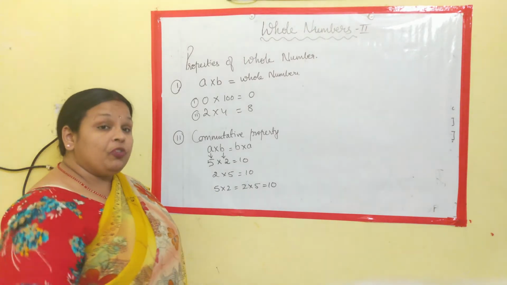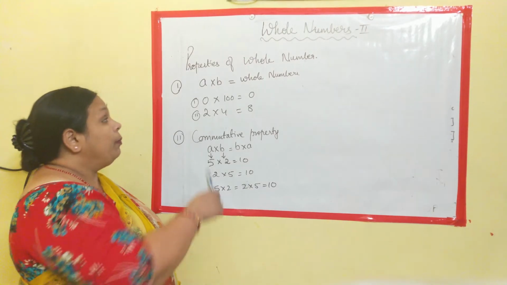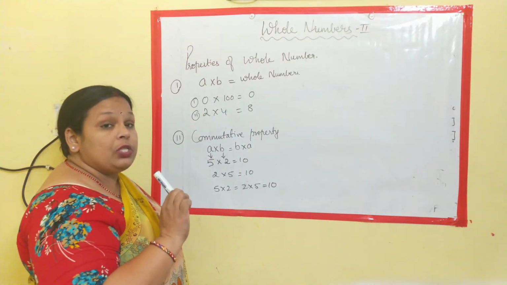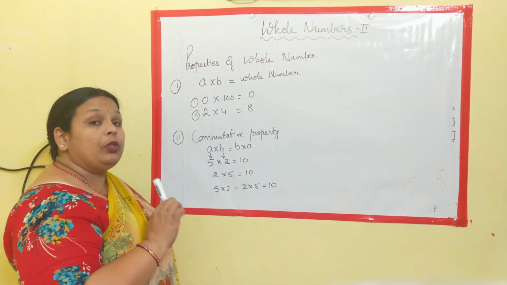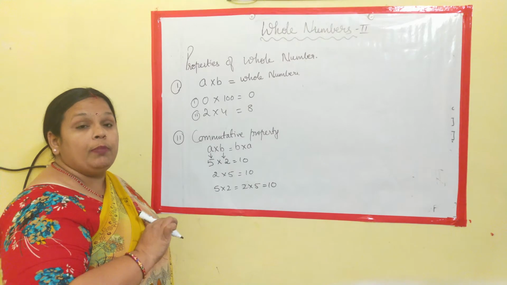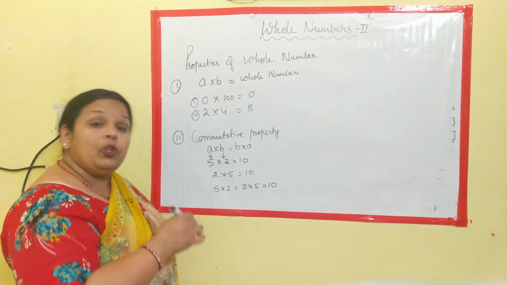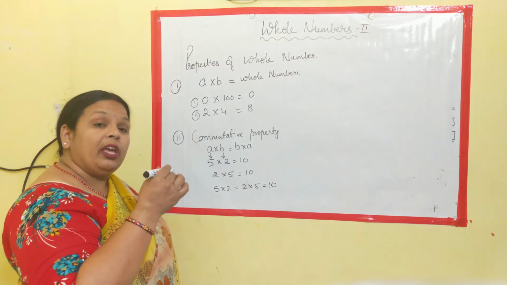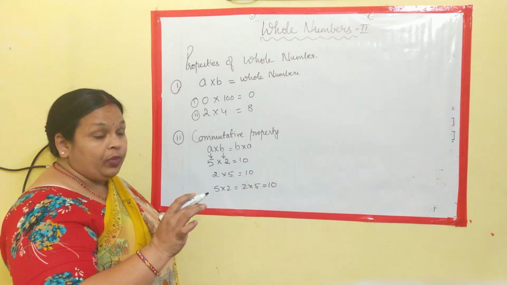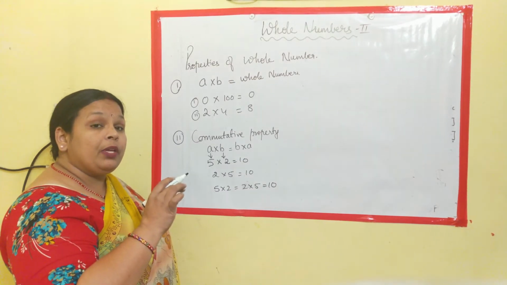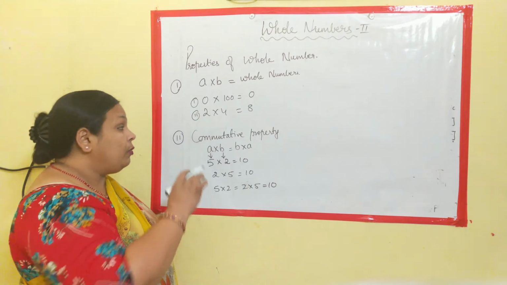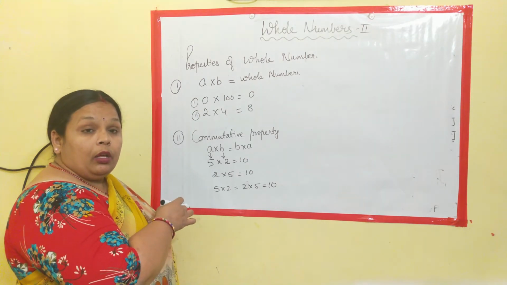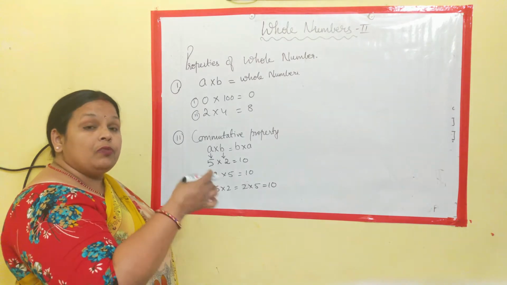But for subtraction, as a recap, closure was there, but for commutative we know that A minus B is not equal to B minus A. As the commutative property did not hold true, the associative was also not true.